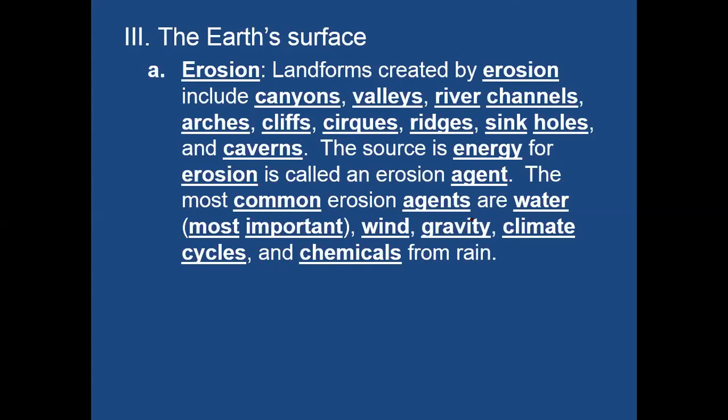And we also have wind, gravity, our climate cycles, so freezing and thawing and warming are going to affect how landforms are formed. And then chemicals from rain. So sometimes our rain becomes slightly acidic because of carbon dioxide in the air, and it can cause erosion of certain types of things like limestone.